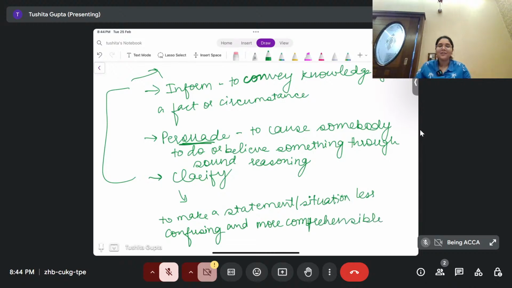I think you have been using this verb in the English language quite a few times. Clarify means to clear things out.